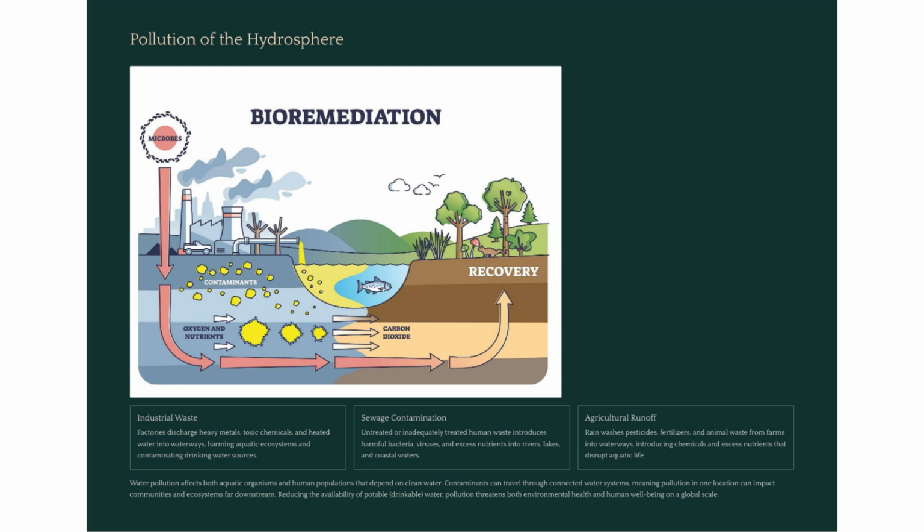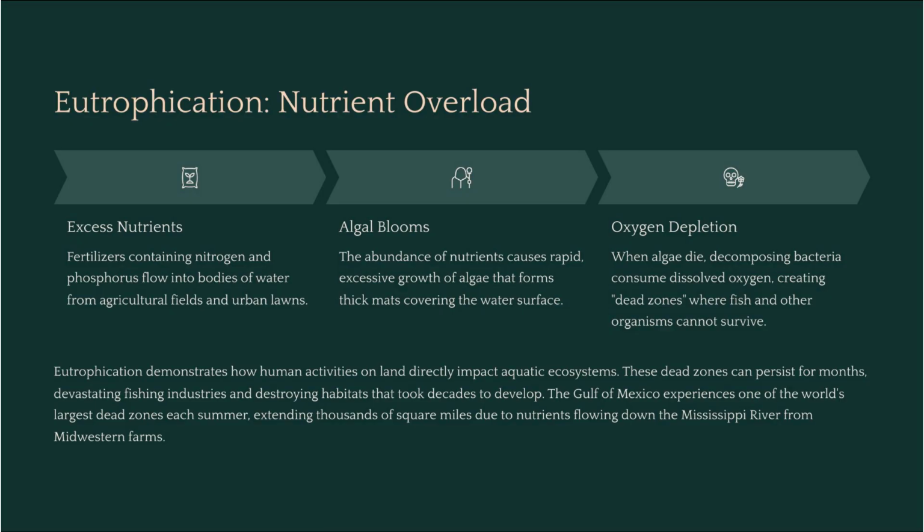This contamination harms aquatic life and reduces the amount of clean, safe water available for humans to drink, or potable water. A specific type of water pollution called eutrophication is caused by excess nutrients, particularly nitrogen and phosphorus, from fertilizers.